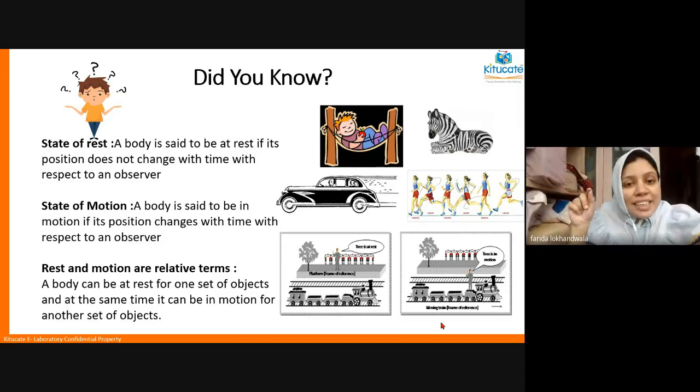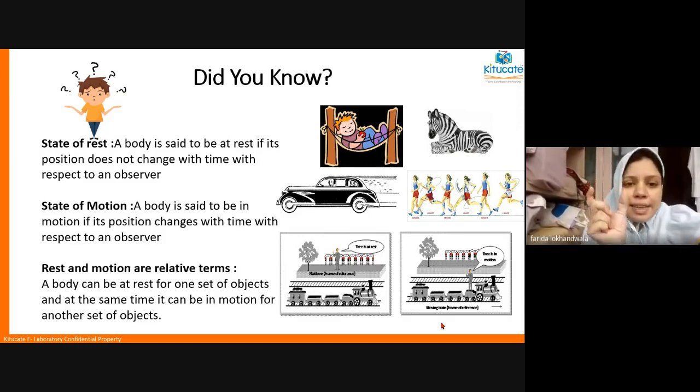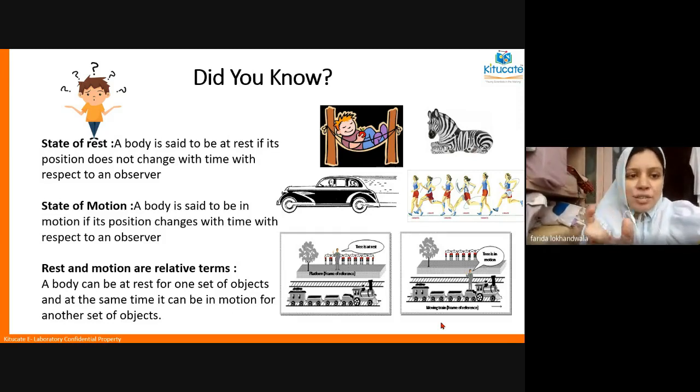That is why we say with respect to the observer. So the terms state of rest and state of motion are relative terms. They can be the same for a set period or for a set of objects. So that is why rest and motion are relative terms.